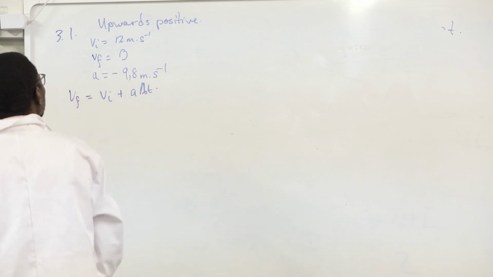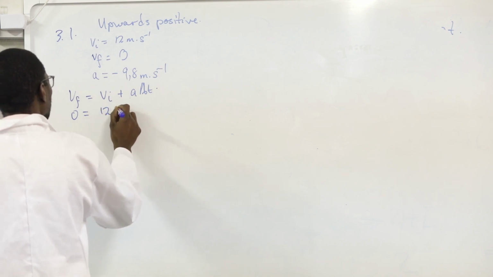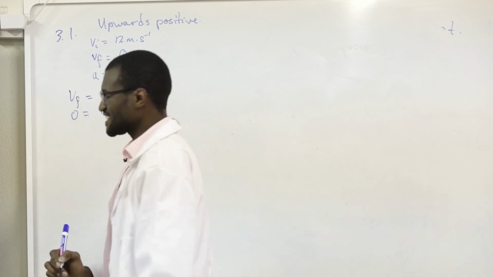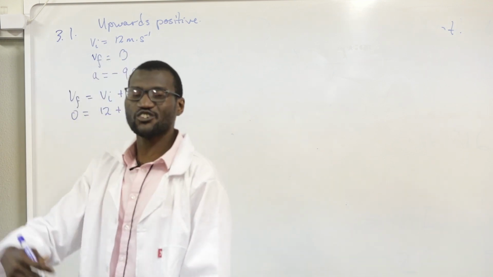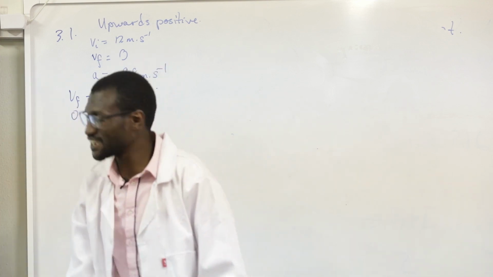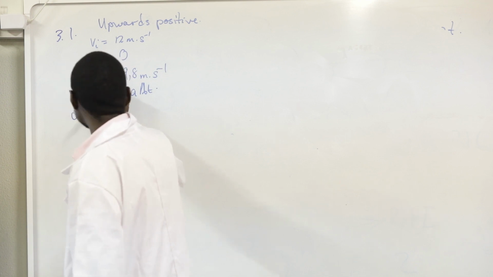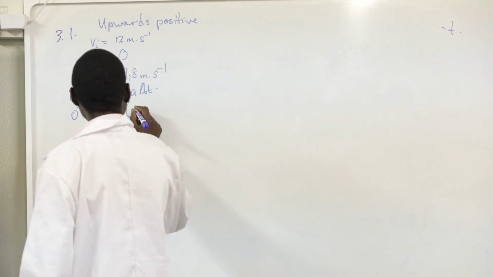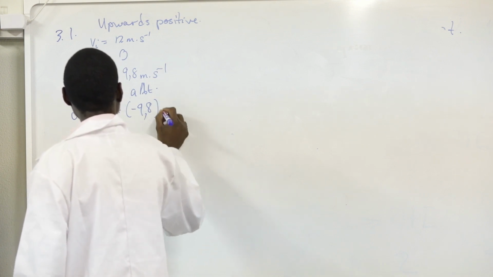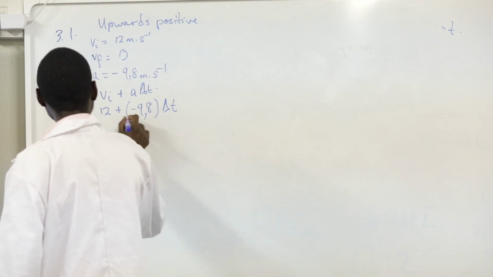V final is 0, V initial is 12 plus, why is my acceleration negative? Because I have chosen upwards to be positive. Acceleration is always working downwards, and if downwards is negative, my acceleration is negative 9.8 meters per second squared times change in t.